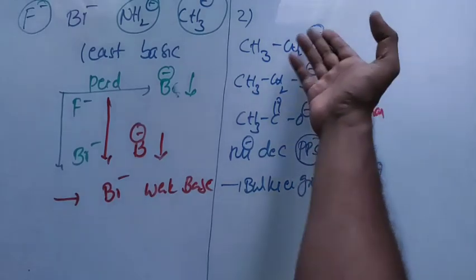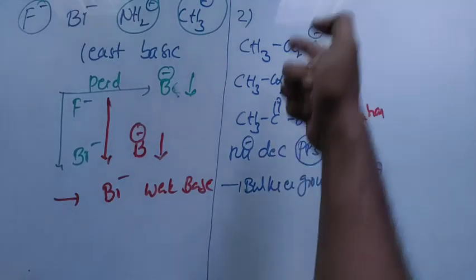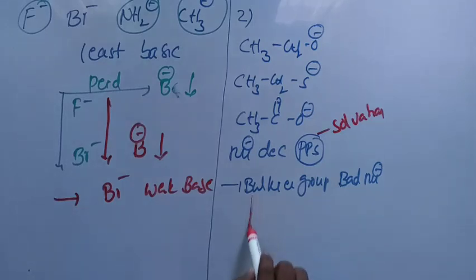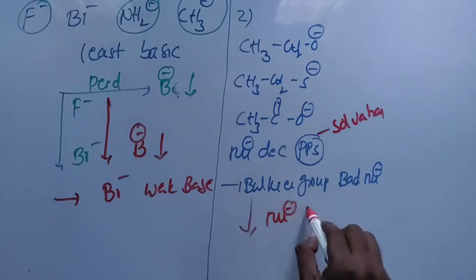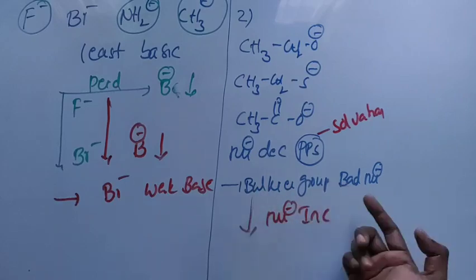Therefore, among these three, what is the nucleophilicity decreasing order? We already know down the group nucleophilicity increases, and bulkier the group, it is the bad nucleophile.